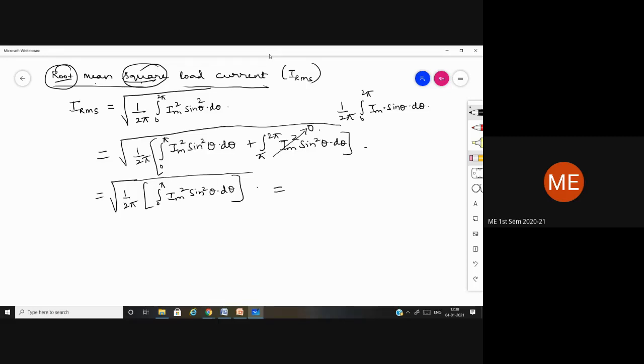Now I'll be taking Im square common, 0 to pi sine square theta d theta. We know for sine square theta, what is the formula? 1 minus cos 2 theta by 2.